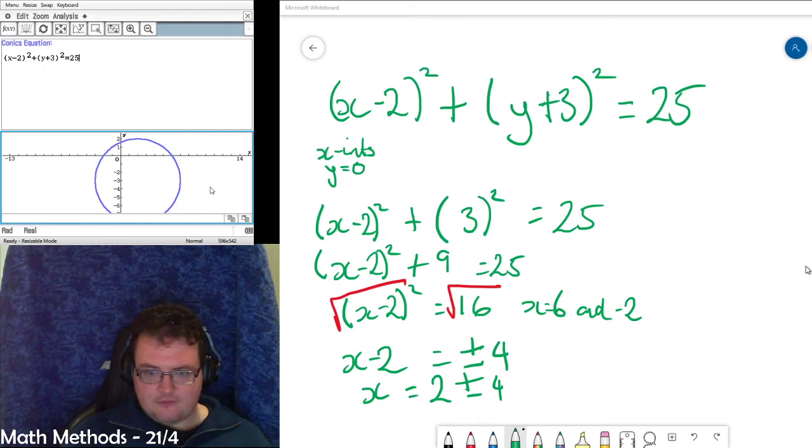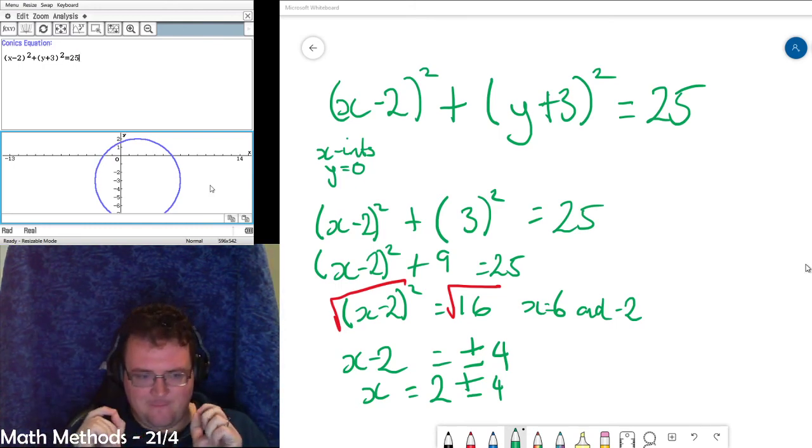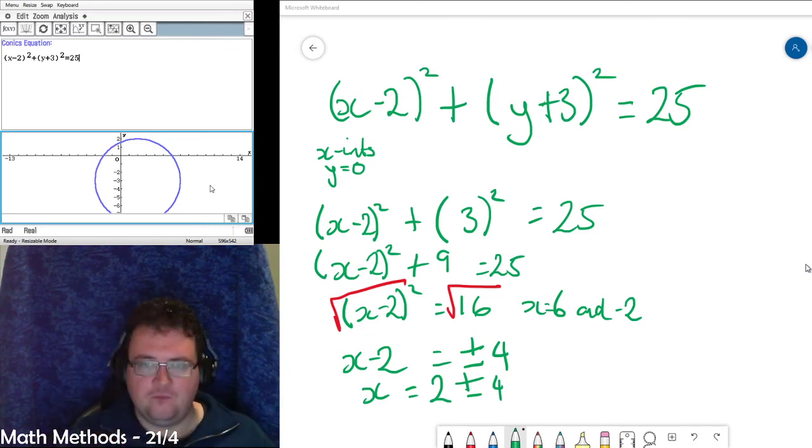Now, the y-intercept is a little different, in that it's not going to be a nice clean set of numbers.